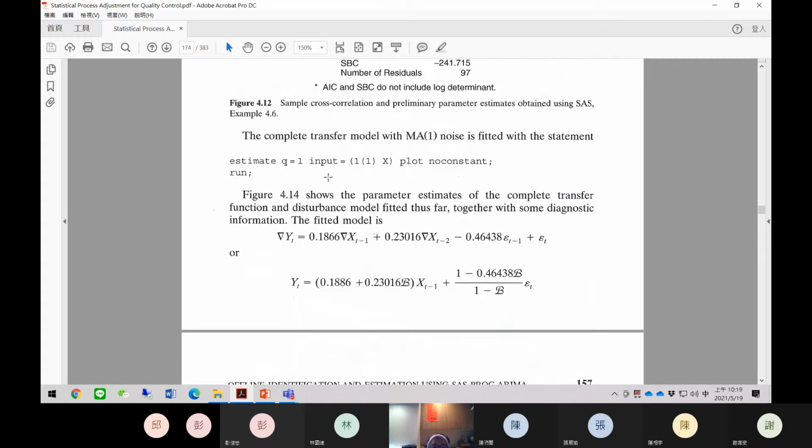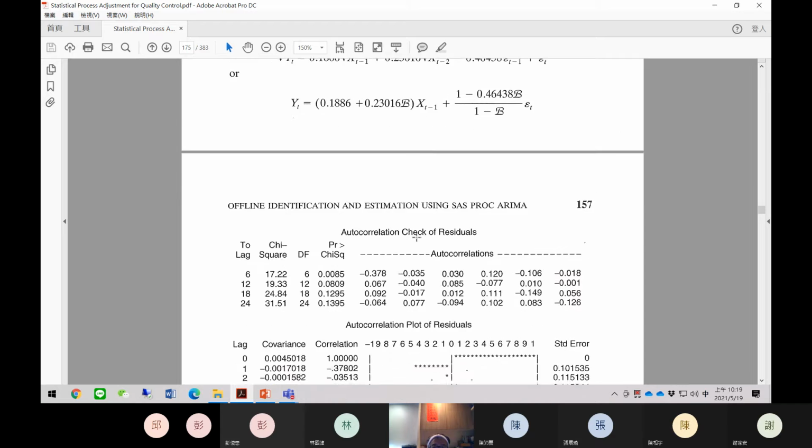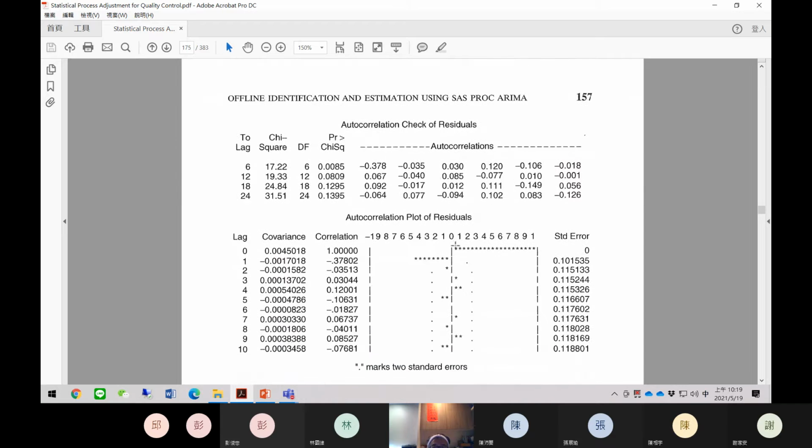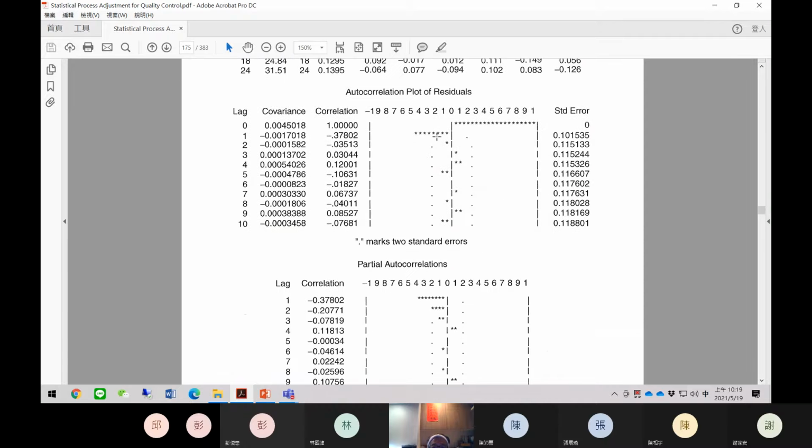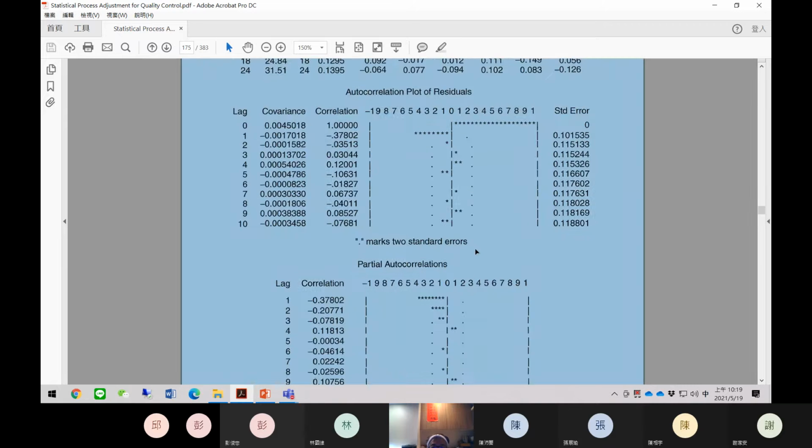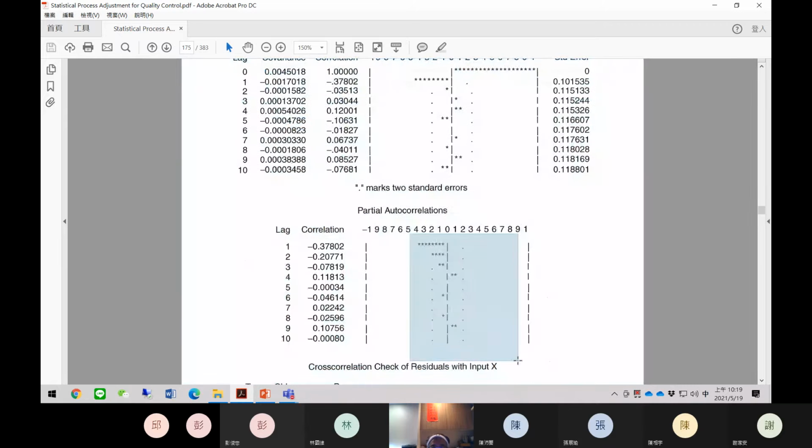We can see that this is the autocorrelation function and this is the partial autocorrelation. Lag 1 is significant here. This is a cutoff, and this tails off. So it has to be an MA process.